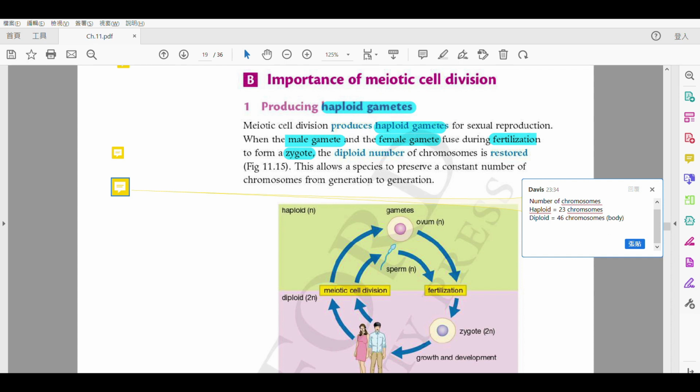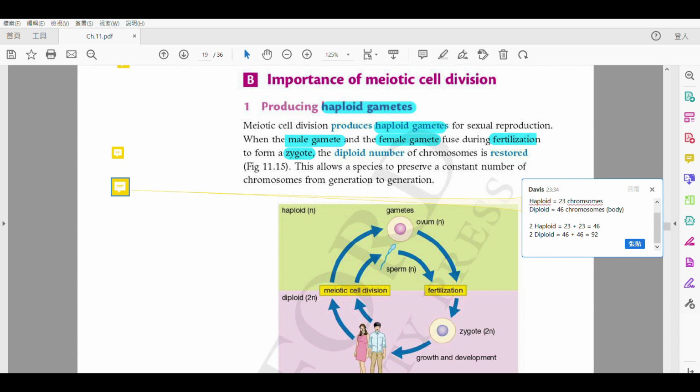If 2 haploids join together, it will be 23 plus 23 equals 46, right? But if it's 2 diploids, 46 plus 46 equals 92.